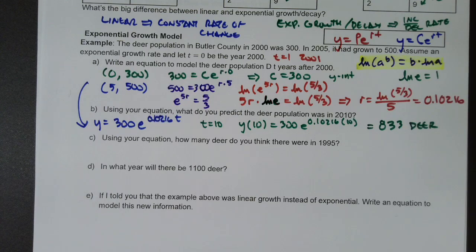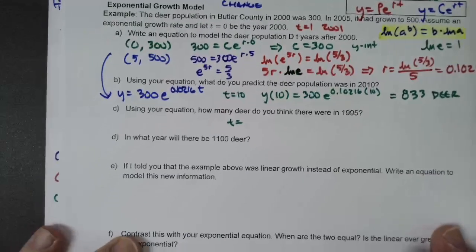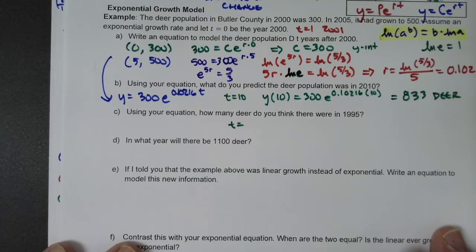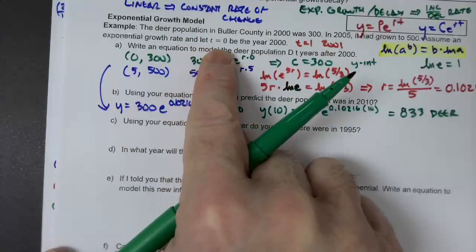And then it says, using your equation, how many deer do you think there were in 1995? Ooh, wait a second here. What's t in 1995? In 2000, t is 0.